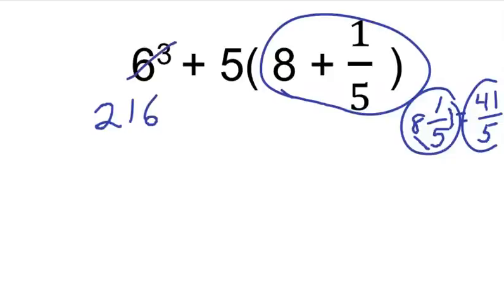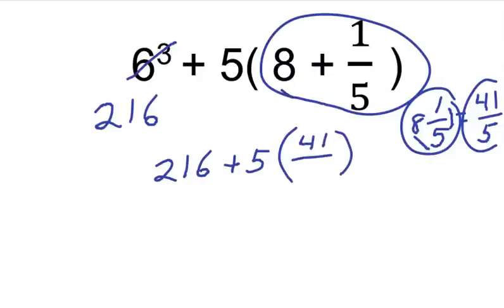Now we are left with 216 plus 5, and then times, I'm going to go ahead and make it 41 over 5, because I think that's going to be the best way to do this. We've done the exponents and we've done the parentheses, so now we're down to addition and multiplication.